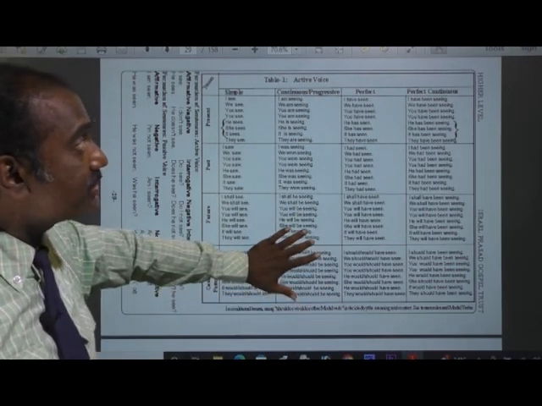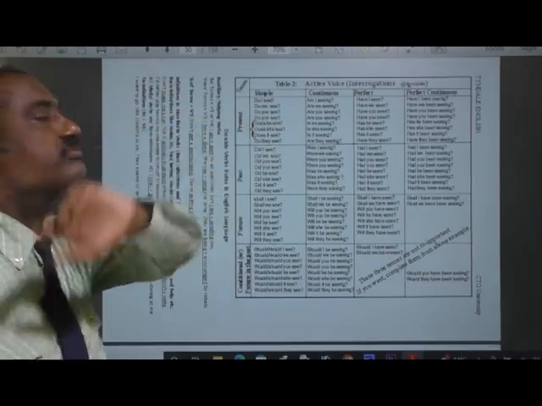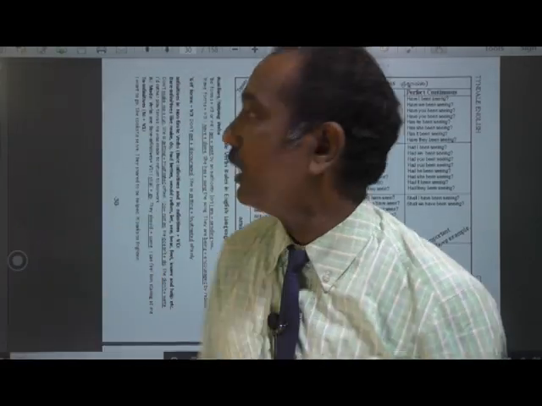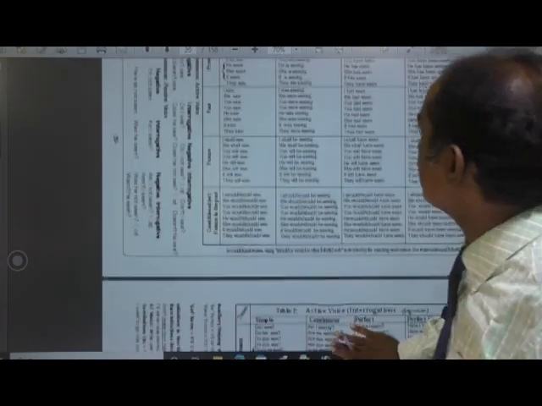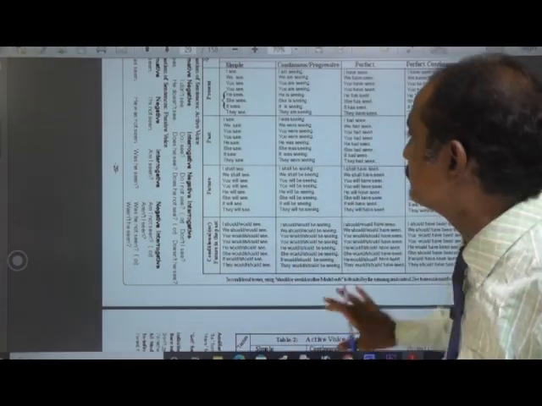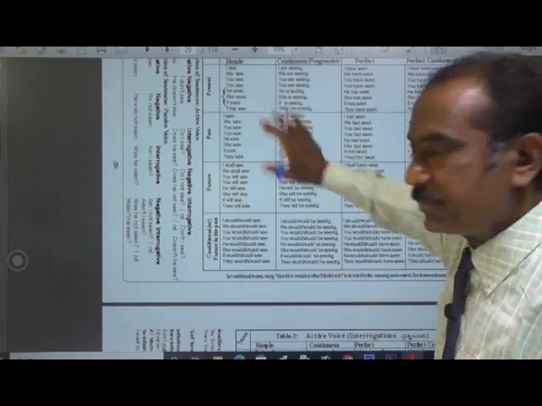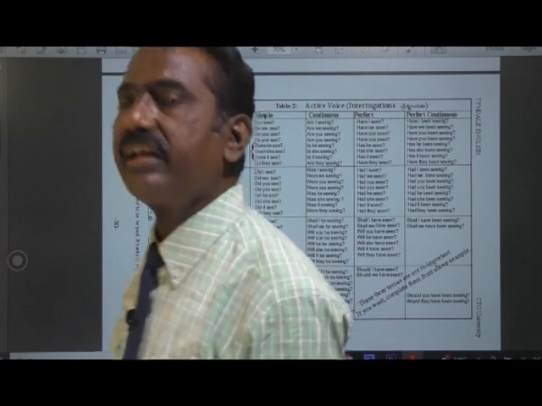How to change these tenses into the interrogative table? Suppose I see. How to make it into question form? I see is a statement. Do I see is a question or interrogative sentence.